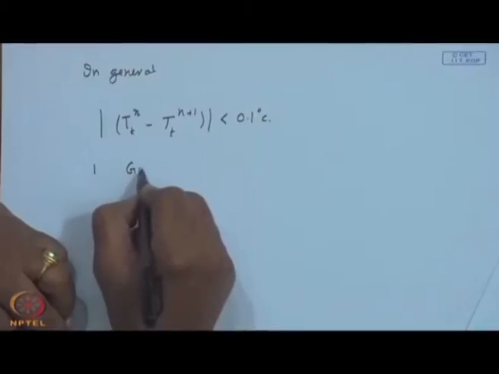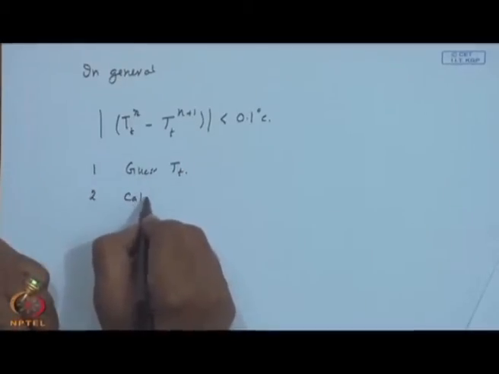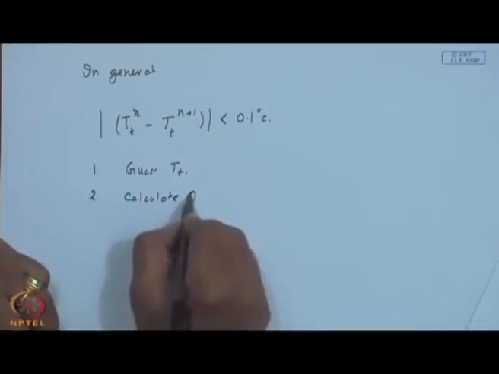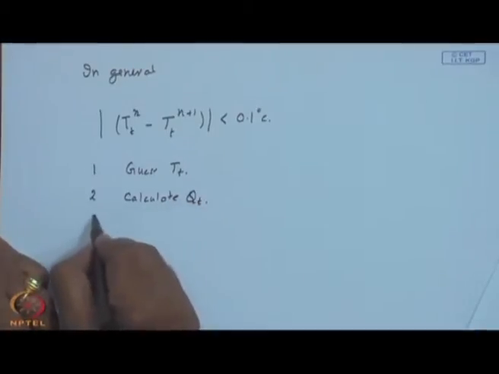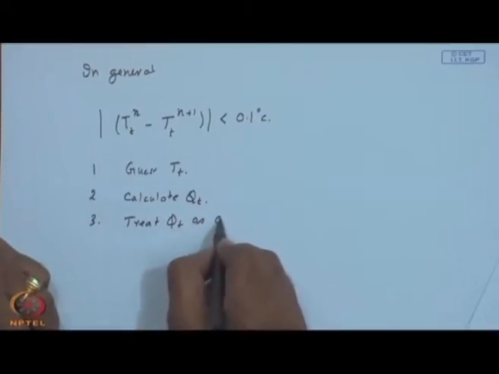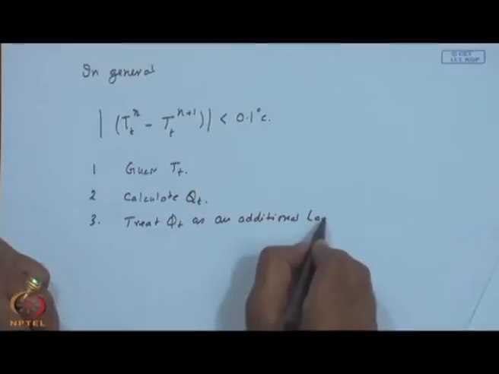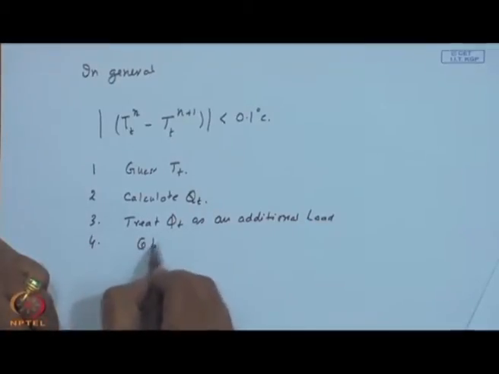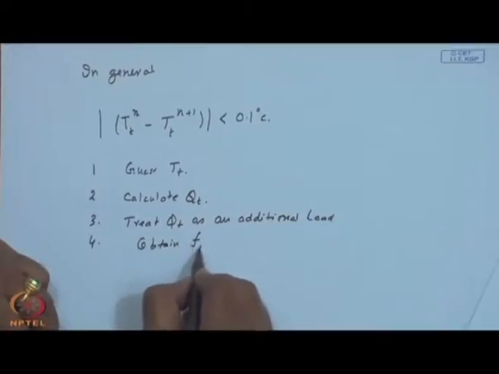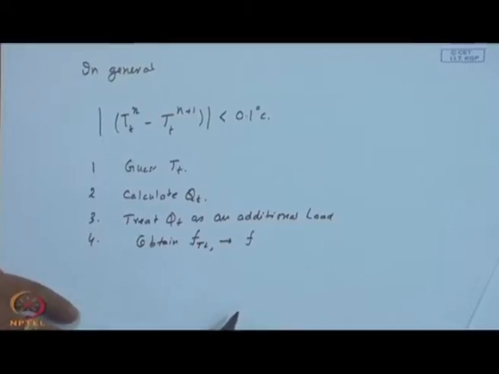So, let me quickly go through this again, step by step. One, guess T tank. Two, calculate Q tank. Three, treat Q tank as an additional load. Four, obtain F T L inclusive of the tank losses, from which you can calculate F solar in meeting the load on the system.